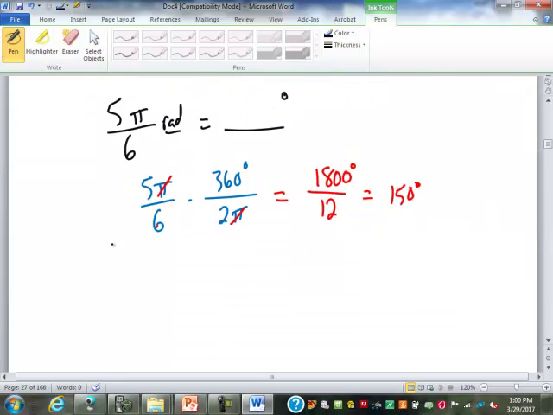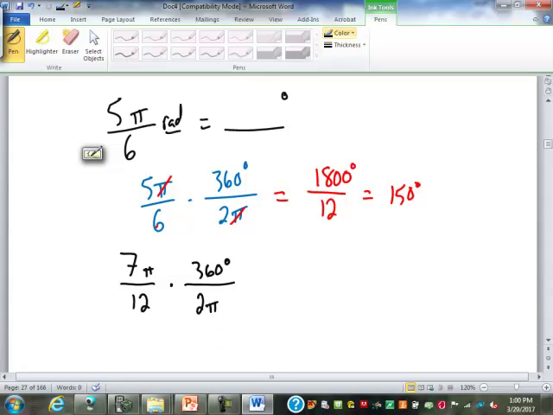Or, let's say we do 7 pi over 12. What are we going to multiply by? We're going into degrees, so the degrees will be on top.